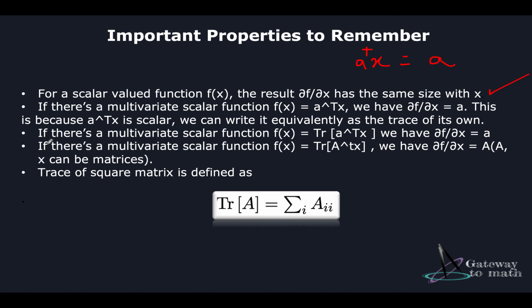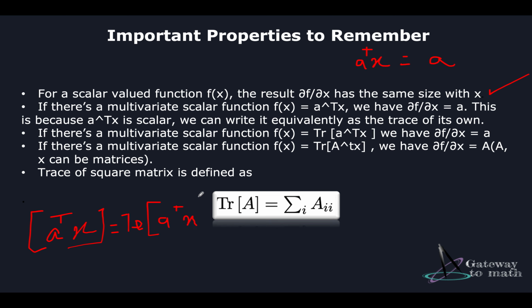Okay, so if there's a multivariate scalar function, f of x equals trace of transpose of a times x, which also equals del f upon del x equals a. So one important thing that you should really keep in mind, and I should explicitly point out, is that transpose of a times x equals trace of transpose of a times x.